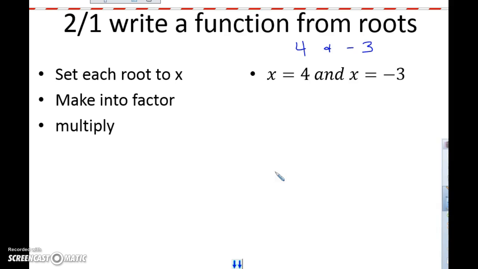If x equaled 4, what would be its factor? Okay. So I'm going to subtract 4. What about this factor? So I would add 3 to both sides.